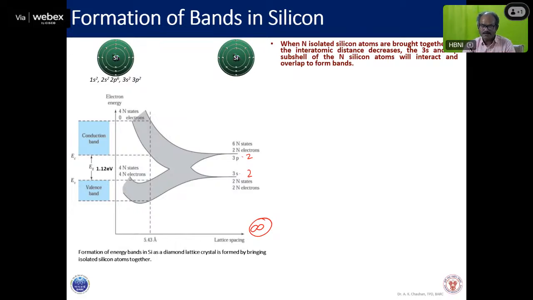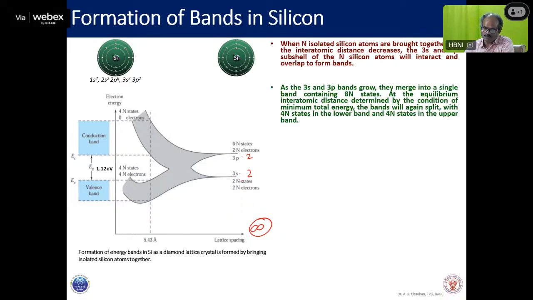If there are n atoms, you simply multiply by n, because those n silicon atoms are non-interacting and independent. So you will have 2n electrons in the 3s state and 2n electrons in the 3p state. Now you start bringing them together.